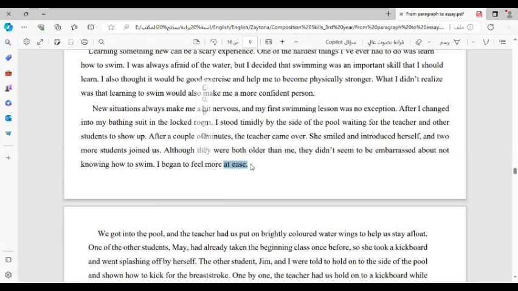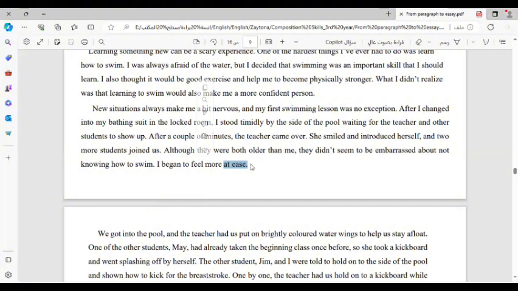Okay. The next sentence, for example, I felt completely at ease. So what is the difference between with ease and at ease? Which one is بسهولة, with or at? With. When I say I won the prize with ease, it means easily.